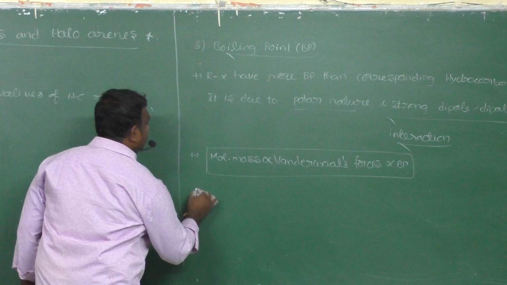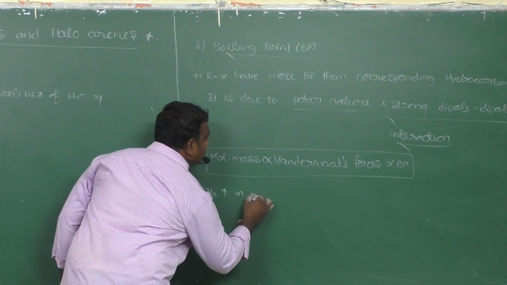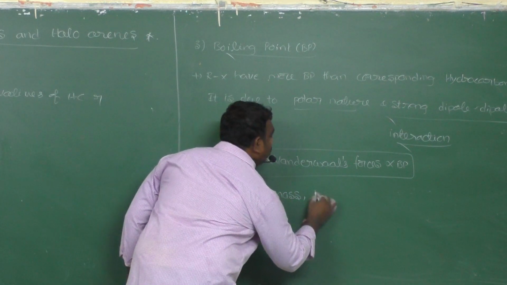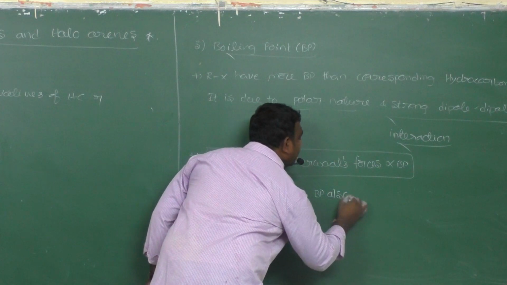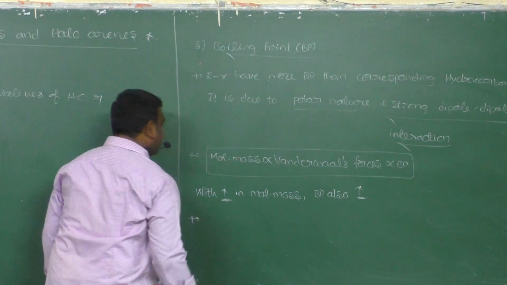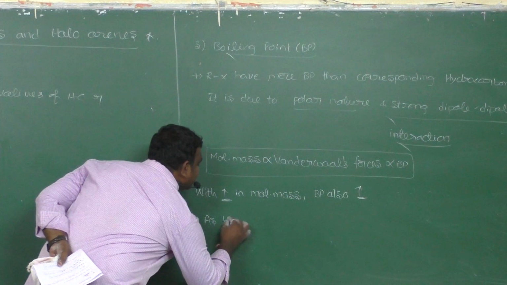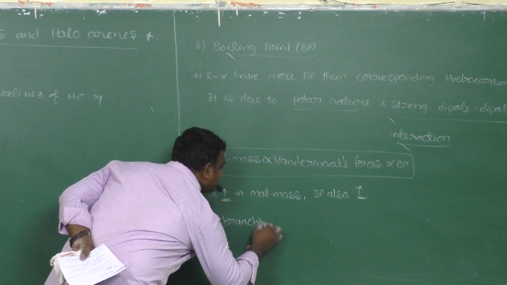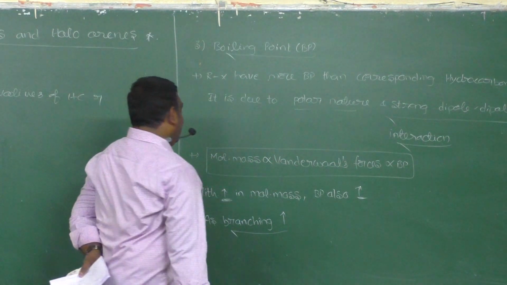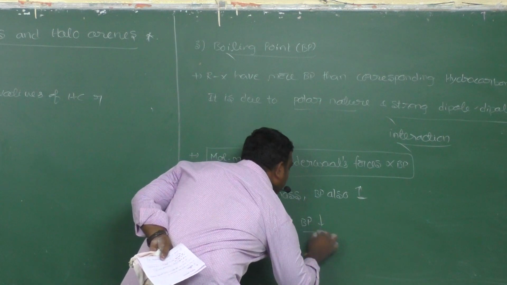So, with increase in molecular mass, boiling point also increases. As branching increases, boiling point decreases.